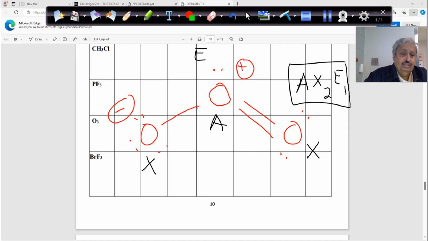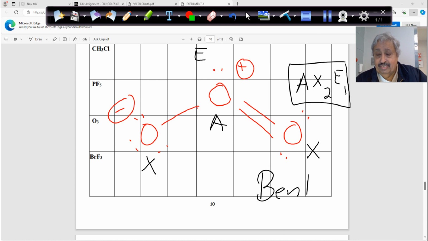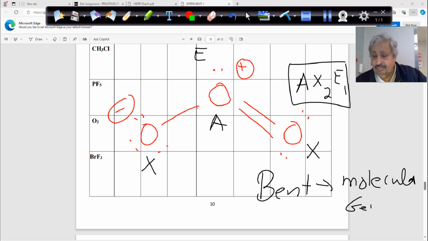So my intuition will tell me this is what? This will be bent, correct? This is the molecular shape, the molecular geometry here.